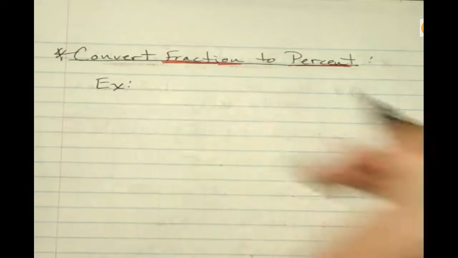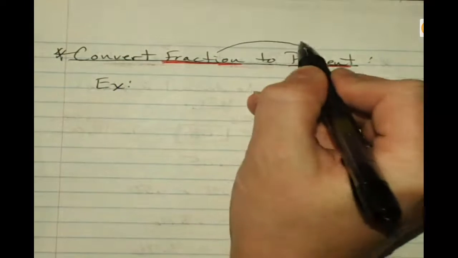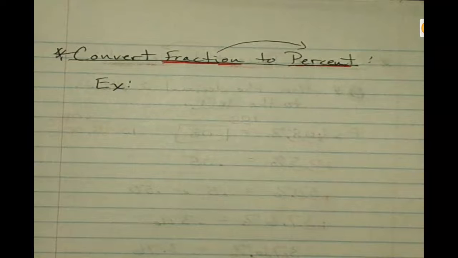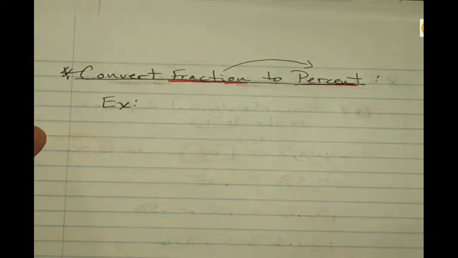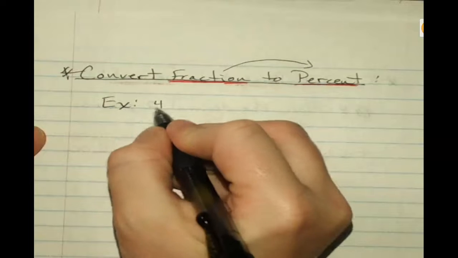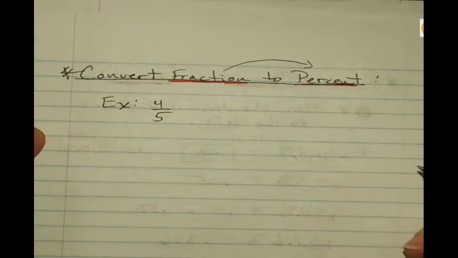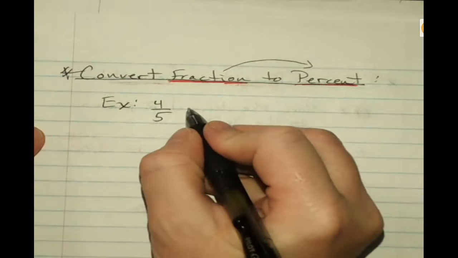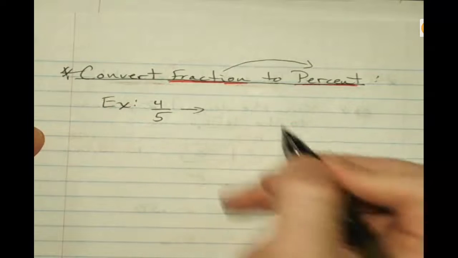Example. Well, if we're converting a fraction to a percent, we've done... We haven't done anything. Okay. Fraction to percent. Let's say I have 4/5. The first thing you do is you have to convert it to a decimal.